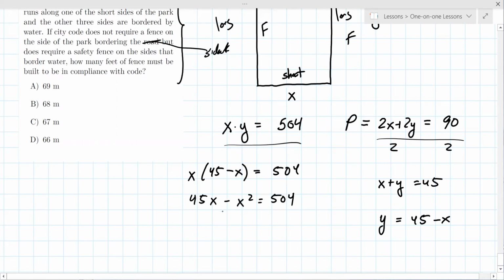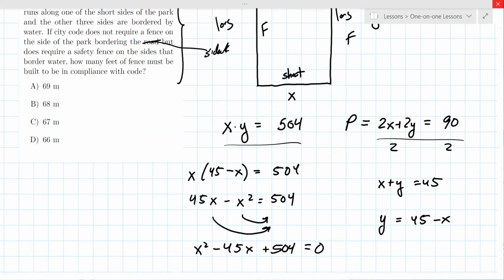Generally you move everything to the side where it's positive, so we move everything to the right. That's X squared minus 45X plus 504 equals 0. Now where do we go? You subtract 504.